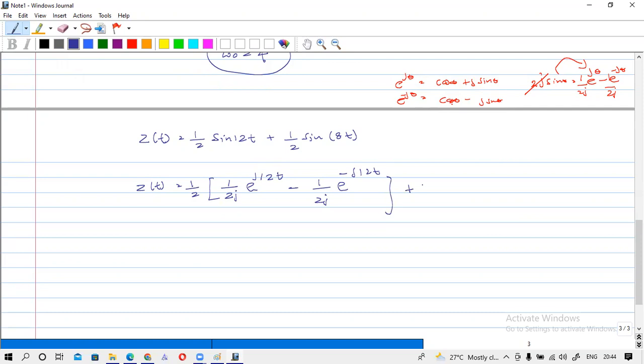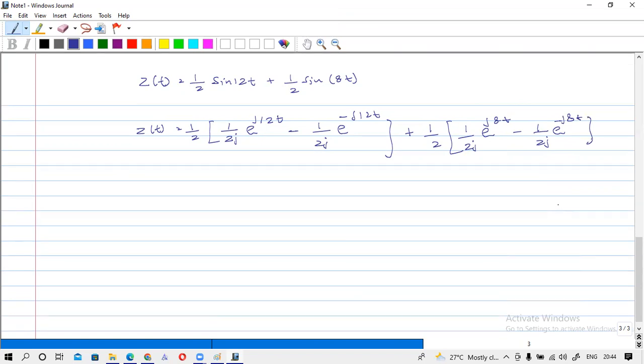And in the same manner, I can write this term also: half, 1 by 2j e to the power j 8t, minus half, 1 by 2j e to the power minus j 8t. So I can write like this.